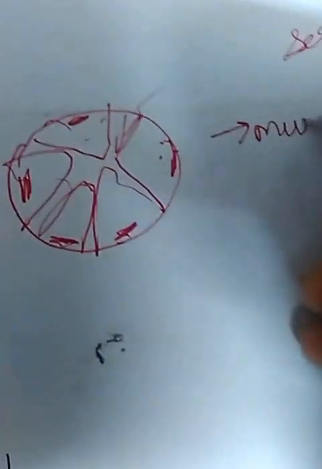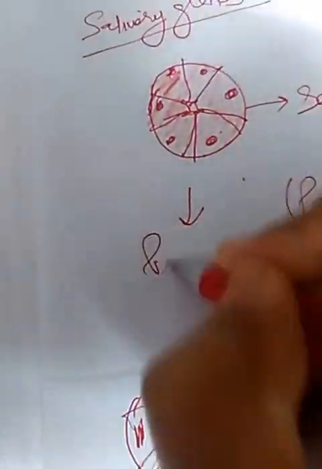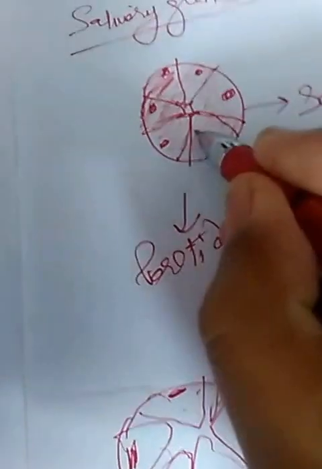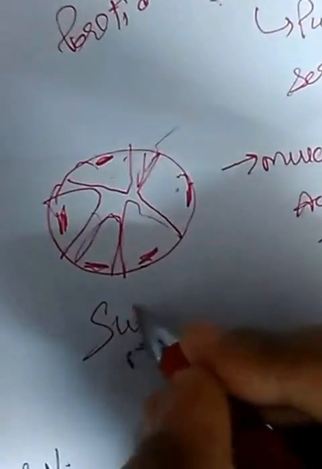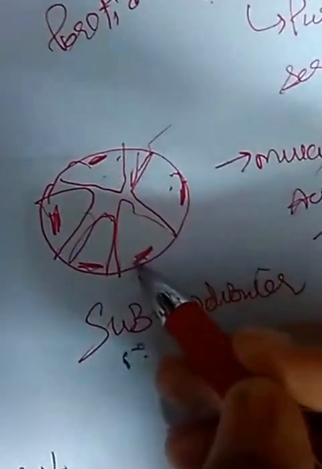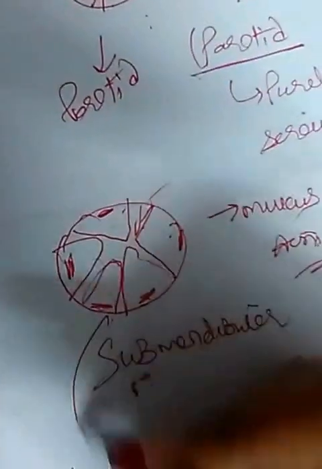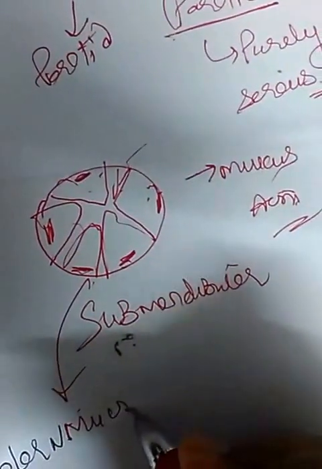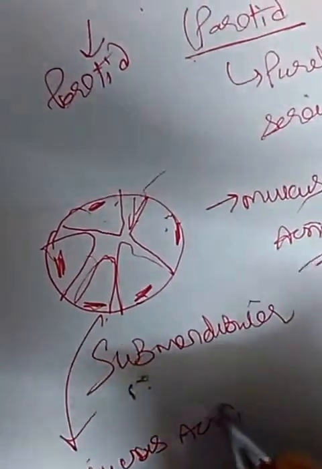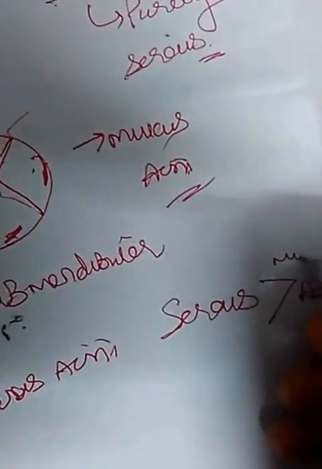Then this is your mucus acini. Within the parotid gland only serous acini are present, whereas in the submandibular gland both serous as well as mucus acini are present, but serous acini will be more in number as compared to mucus acini.